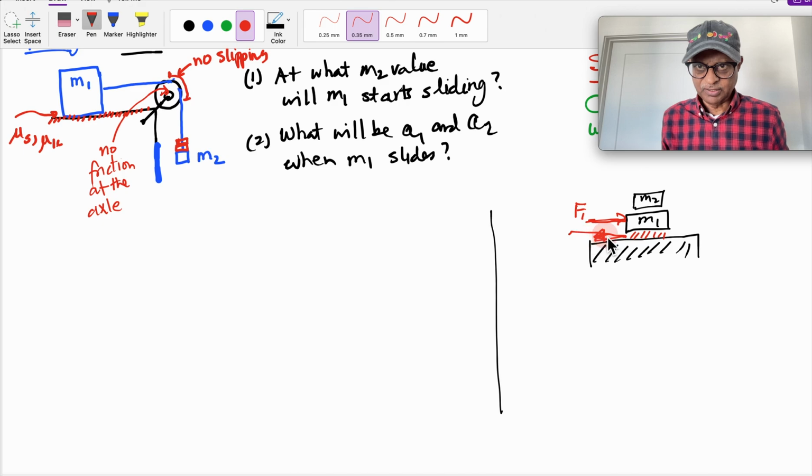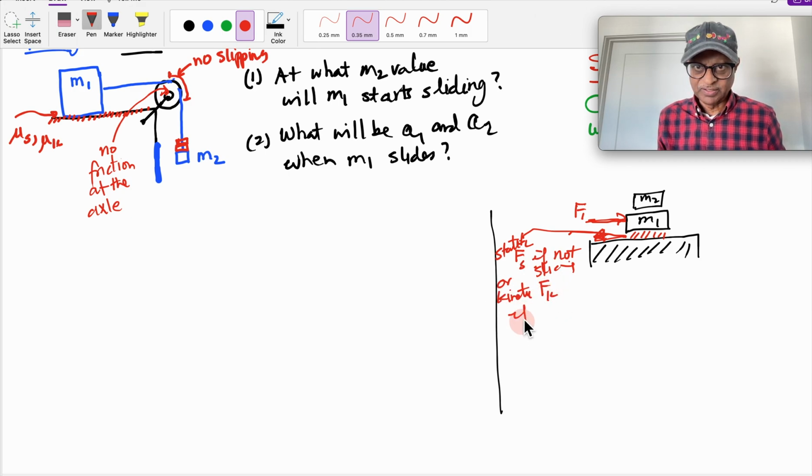This is going to be Fs, static, if not sliding, or kinetic, which you're labeling Fk, if sliding.